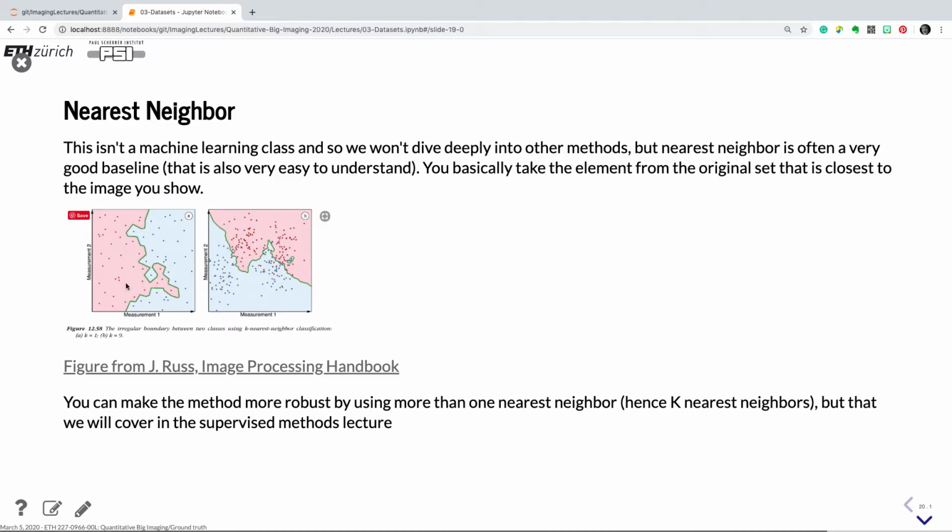The example here is using single nearest neighbor, or in this case, where you have a more consistent line, 9 neighbors. So it's actually looking in a neighborhood, the 9 closest items, and out of those, the majority gives the class.